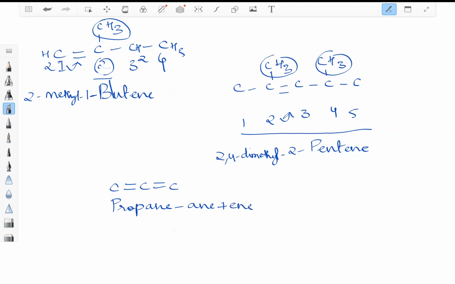But here, because we have two double bonds, that is 1 and 2, this is not followed. What is followed here is propane, minus ane plus adiene.